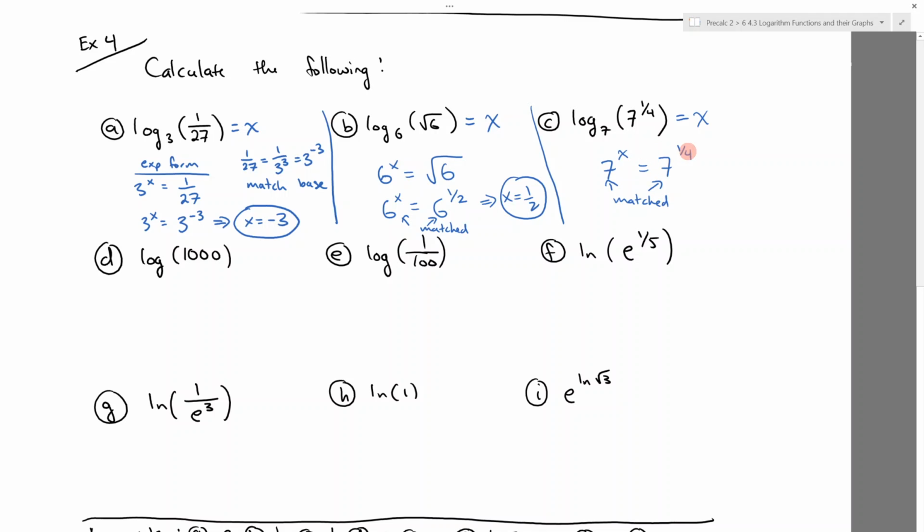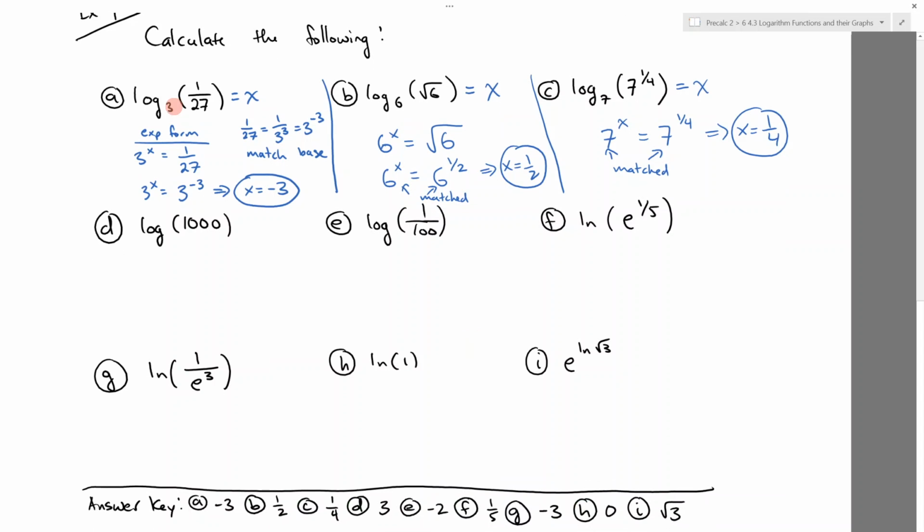So that means that x has to be this thing. So x is equal to 1/4. Okay, so when the base is like this, we want to write it into exponential form and try to figure out how to match the bases.